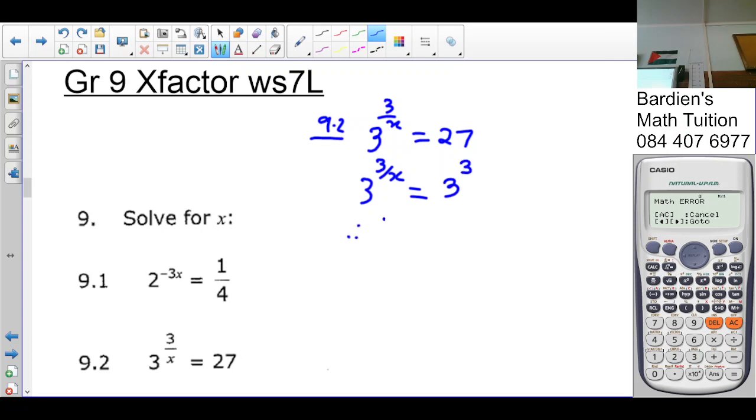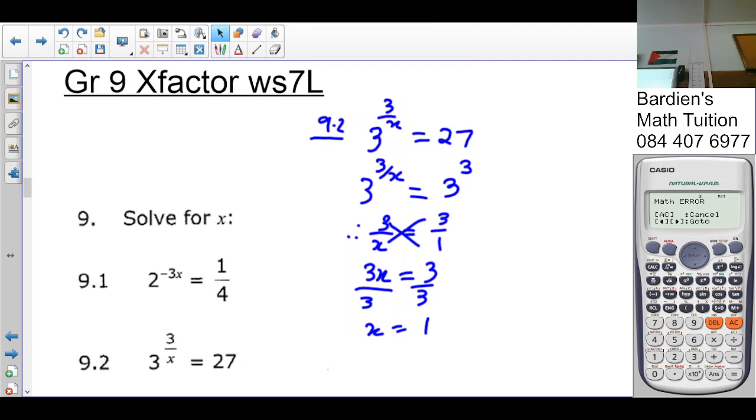So therefore, 3 over x is equal to 3 over 1. Cross multiply. So 3x is equal to 3. You see 3 times x is 3x, 1 times 3 is 3. Divided by 3 both sides. So x is 1.